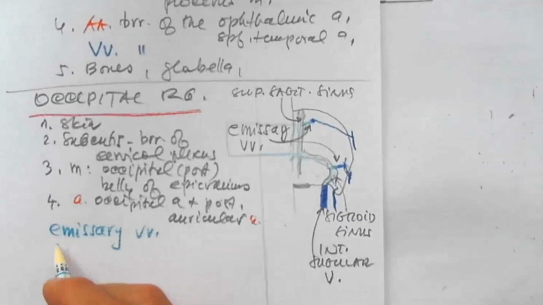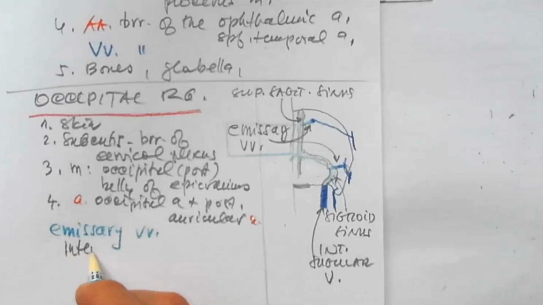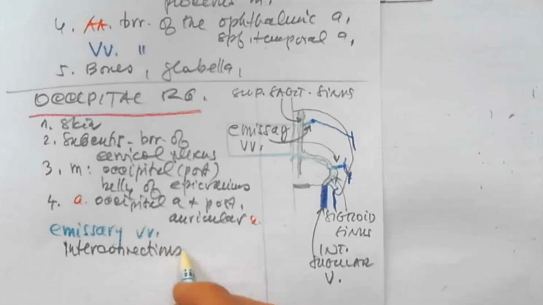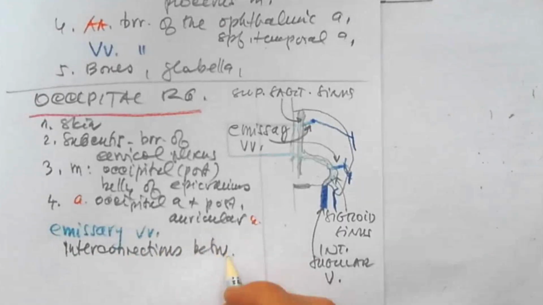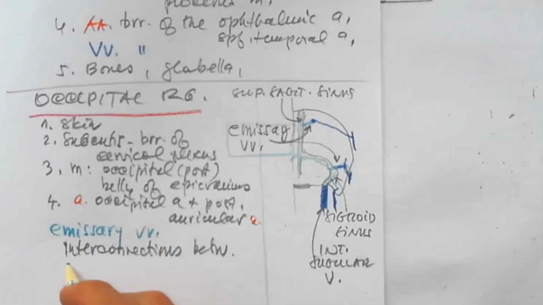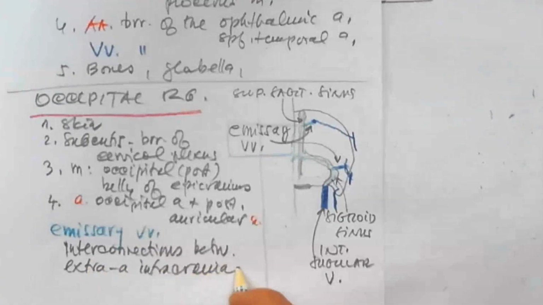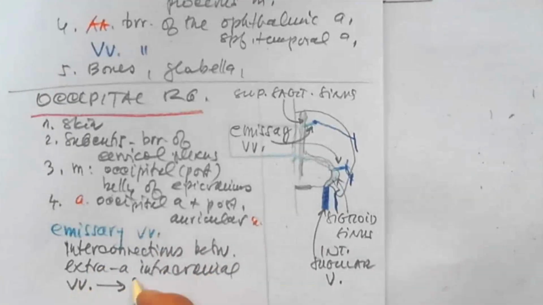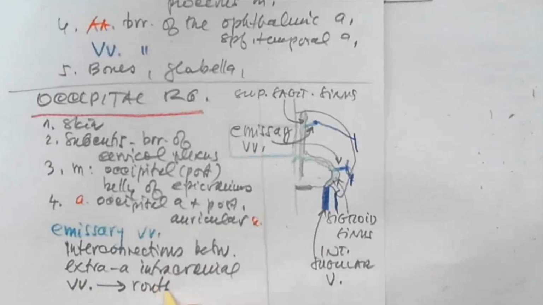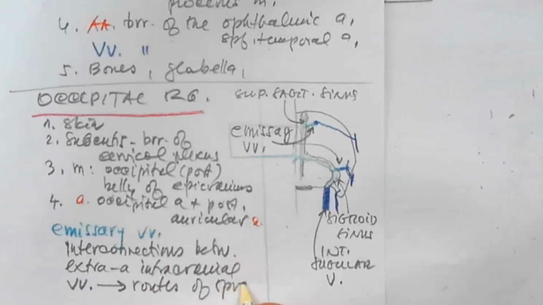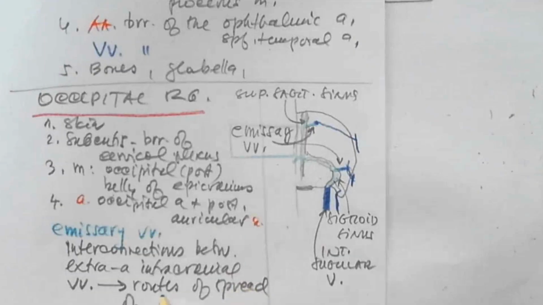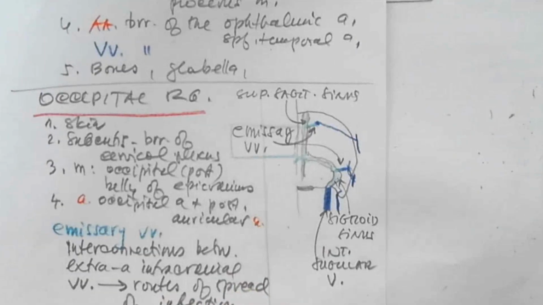Emissary veins represent the interconnections between the extracranial and intracranial veins, forming routes of spread of infection, bacterial infection. That's it.